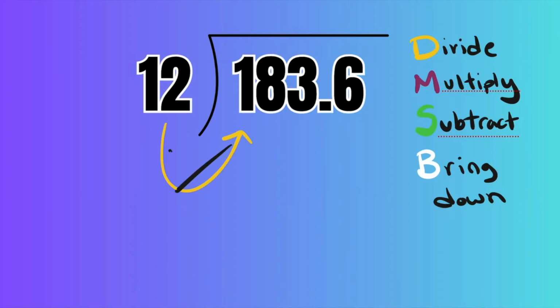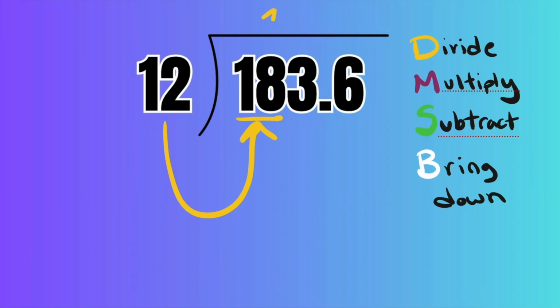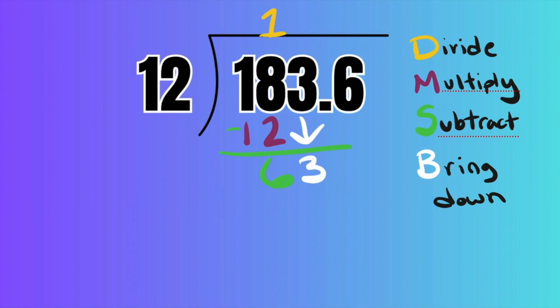12 doesn't go into 1, so let's do 12 into 18. 12 goes into 18 one time. 1 times 12 is 12. Subtract 18 minus 12 is 6. Let's bring down the 3. 12 goes into 63 5 times. 5 times 12 is 60. We subtract, we get 3. Now we've hit the decimal, so we have to bring that up. Put the decimal up top, to the right of the 5.